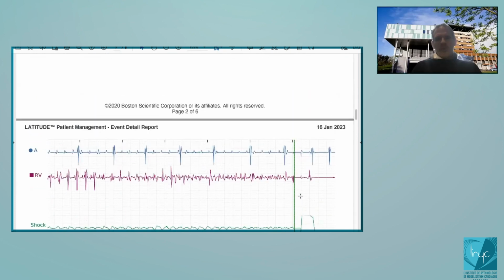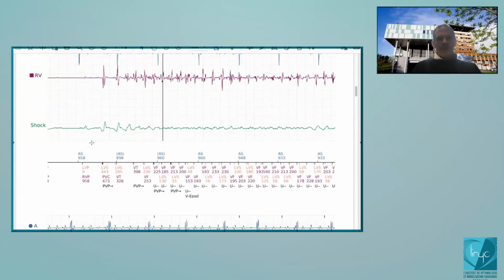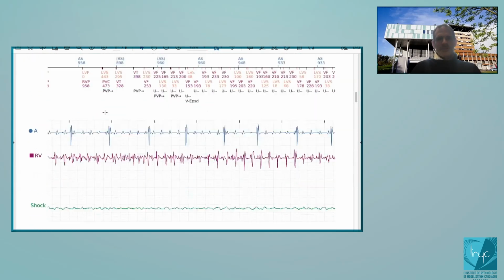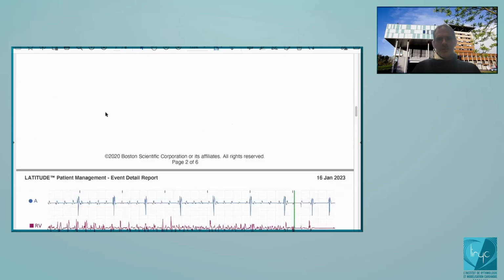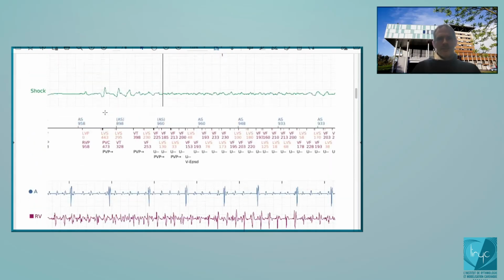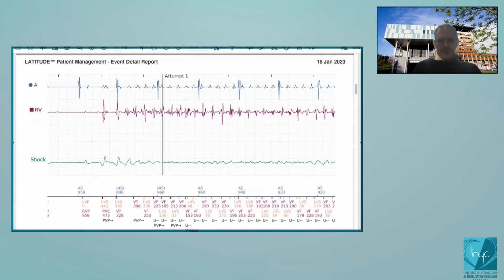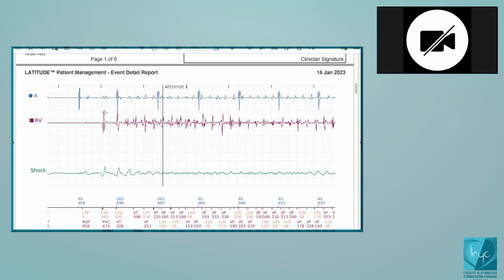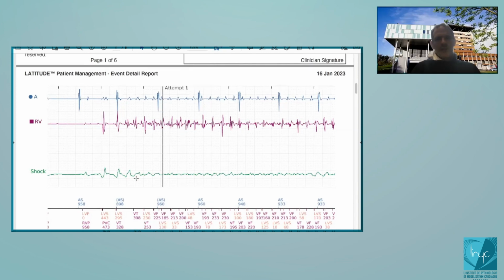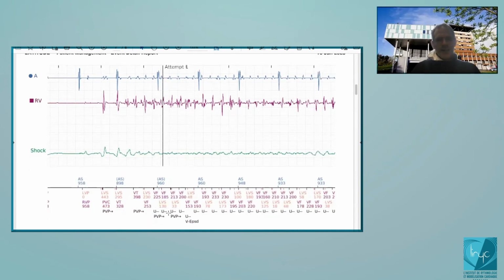So how long does it take from the onset of the arrhythmia to the delivery of the shock? What would you say? How many seconds? I would say like 10, 15 seconds, something like this. Okay, so first you need to have 8 out of 10.